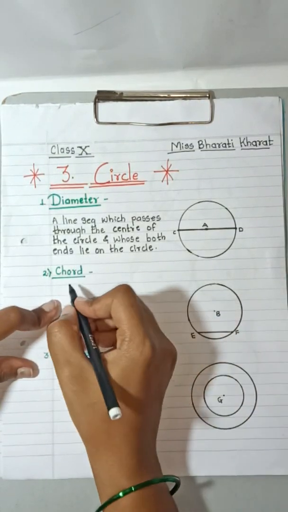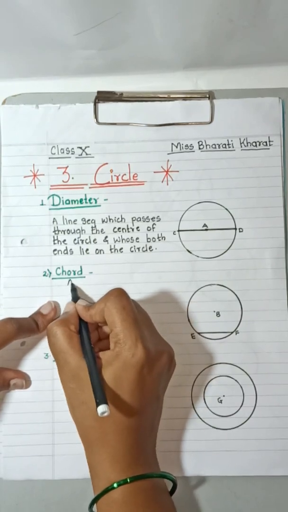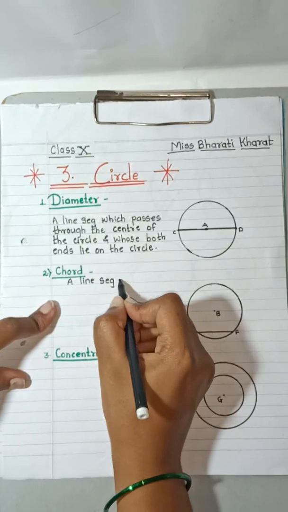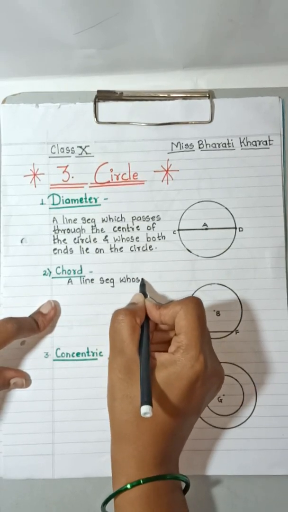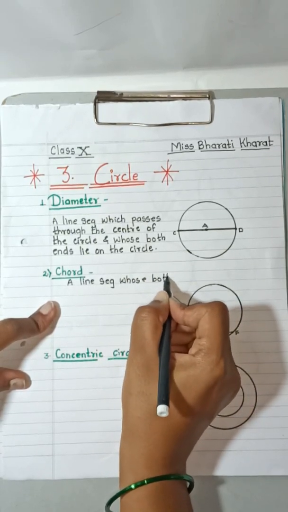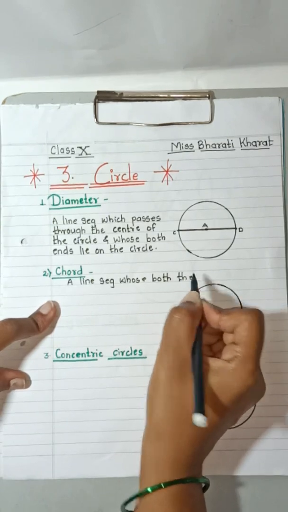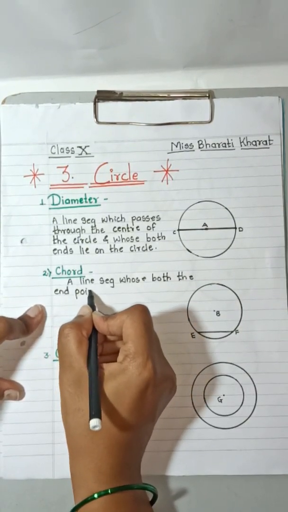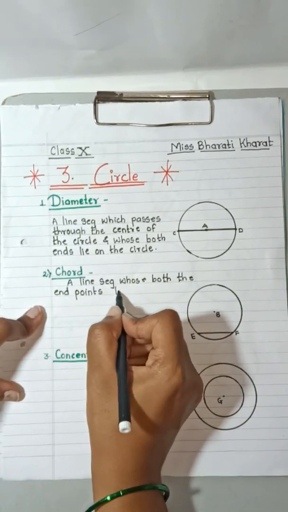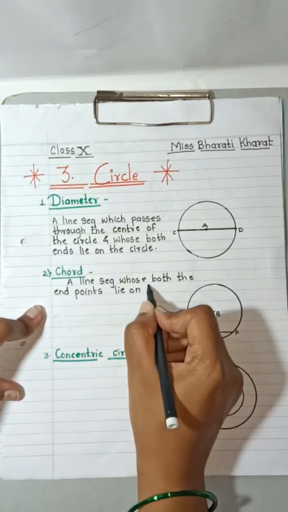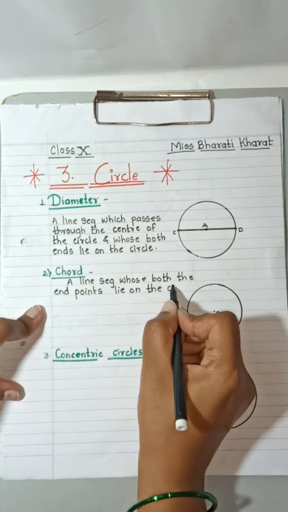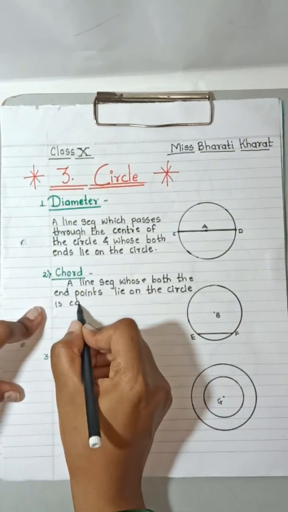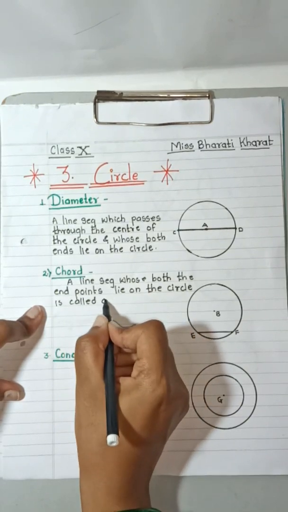Okay, so I'll write down here: a line segment whose both the end points lie on the circle is called a chord.